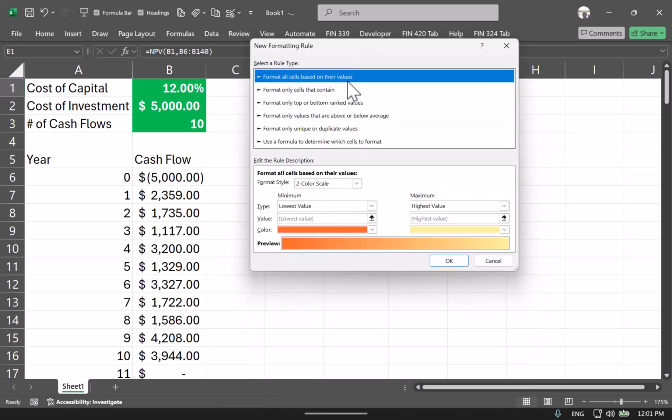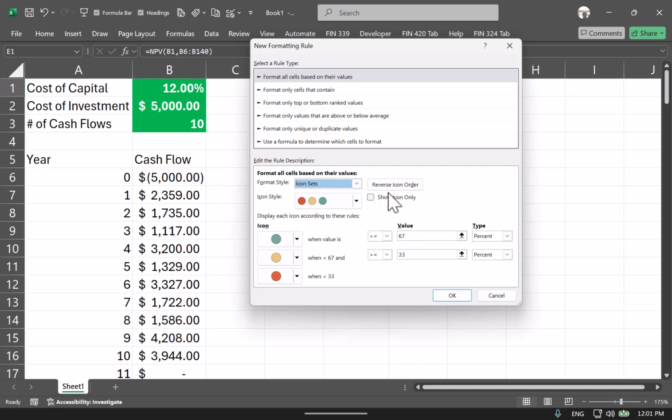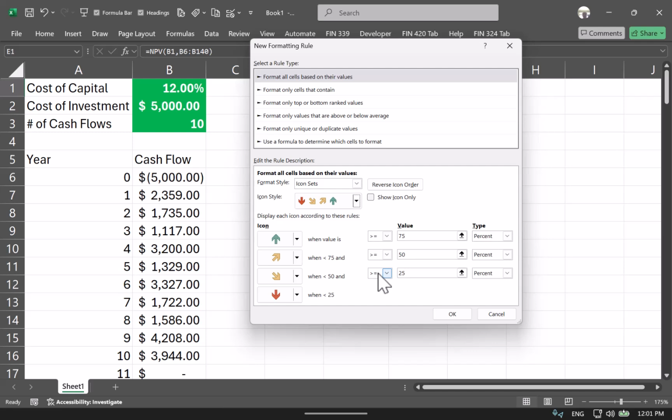And one of the format styles is icon sets. And I'm going to pick this, 4 arrows. If it's a green arrow, I'm going to mean that to be go ahead. If it's a red arrow going down, don't.